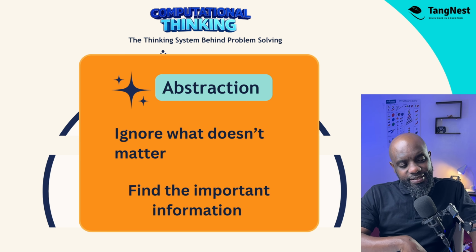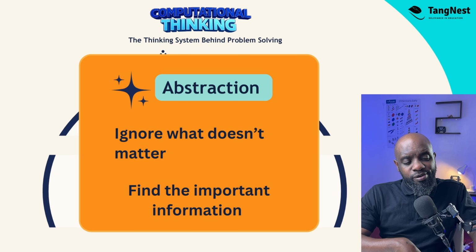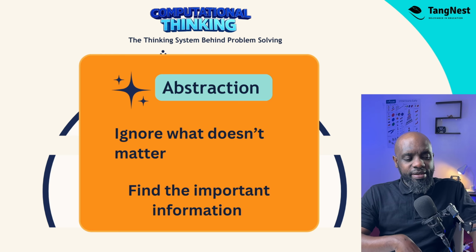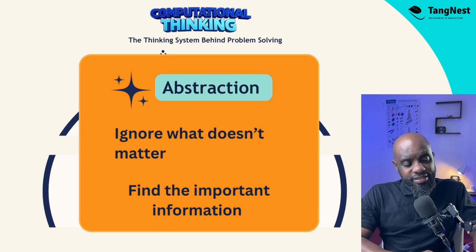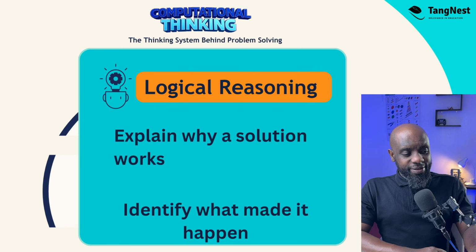Now, the fourth thinking habit is abstraction. Kids learn to ignore what does not matter and focus only on what is important. They develop this thinking behavior of identifying the key information and ignoring the rest. So that is the fourth thinking behavior. Finally, the fifth thinking habit is logical reasoning.